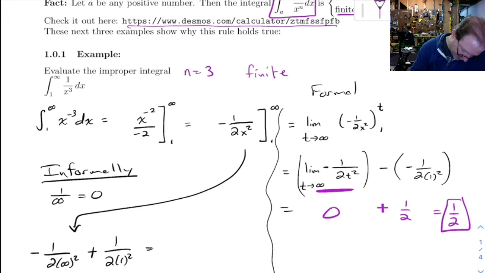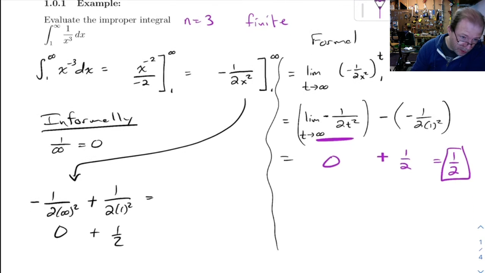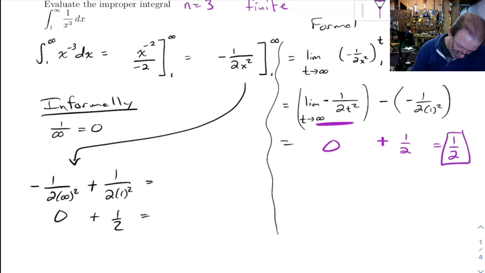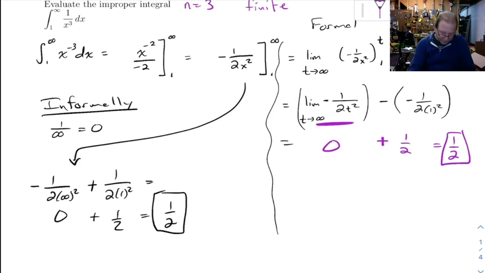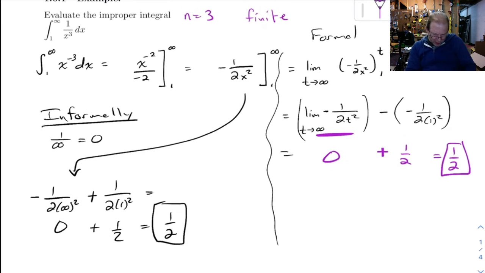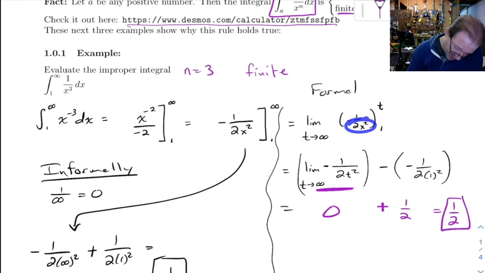And of course, this gives you 0 plus 1/2, which is 1/2. All right, let's look at the next one. The key that makes this finite is that when we do this integral, the x squared, or whatever power of x we get, winds up staying in the denominator. So when t goes to infinity, it makes the denominator grow large and it gives you a 0.